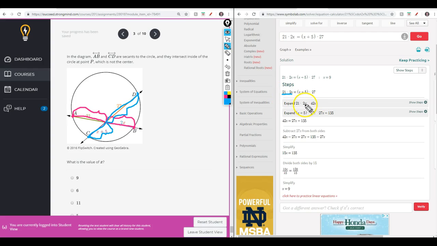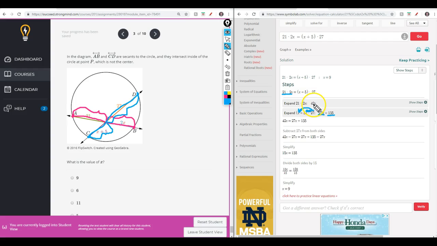So 21 times 2x, we multiply the numbers, 21 times 2, which is 42, and we have x. And then it says to expand x plus 5 times 27. Okay, so since this x plus 5 is in parentheses, again, both of those terms are going to be multiplied by 27. So we would end up with 27 times x, so that's 27x, and 27 times 5 is 135.